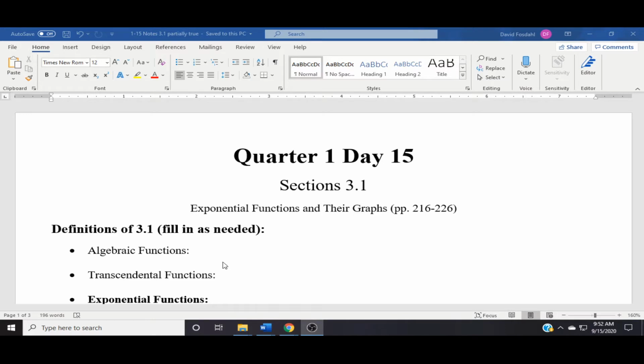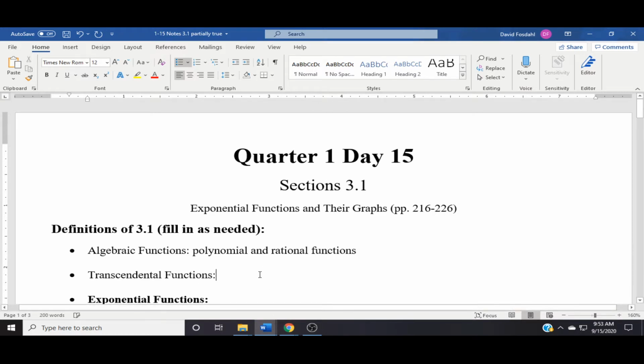So some definitions. Algebraic functions are what we covered so far. So this would be polynomial and rational functions. Okay. Transcendental functions. This is actually where we're going to be headed.